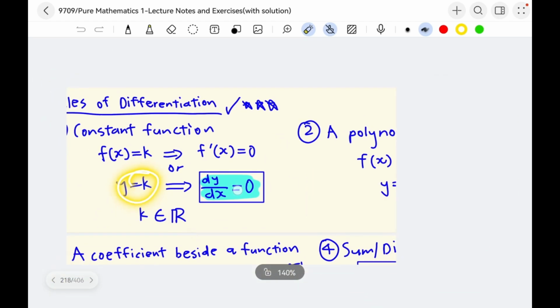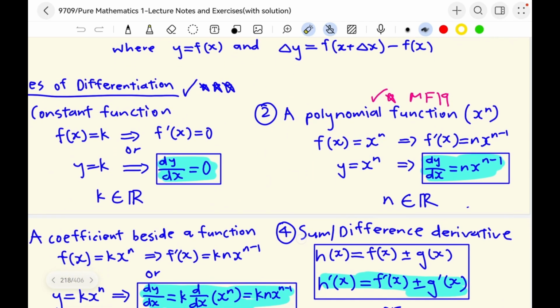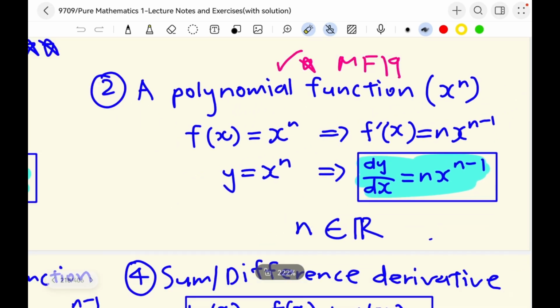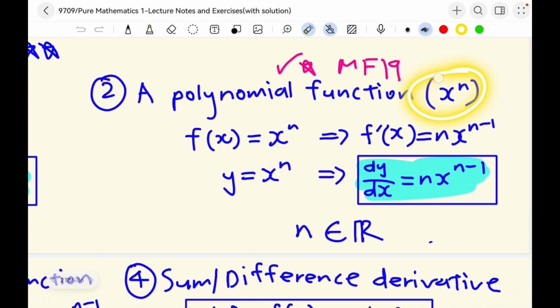The reason is on the second point. The general first derivative for the polynomial functions: given the function f(x) equal to x to the power of n, to get its dy/dx, multiply by its original power, and then its original power minus 1.